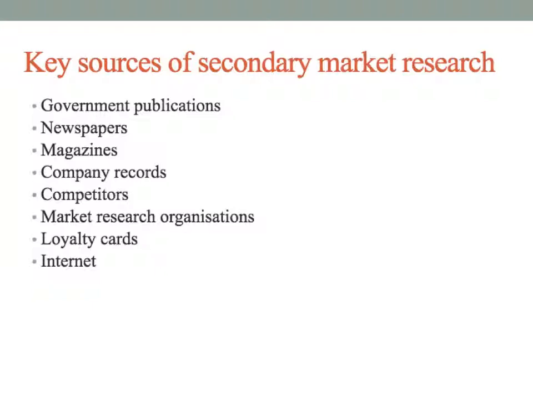We can look at company records, so if you're a public limited company, information has to be available online. That would be for competitors. Company records will also exist, not for a new business, because you won't have any past history, but everybody's required by law to keep their financial details. So you can look at sales figures and look for trends, things like that.